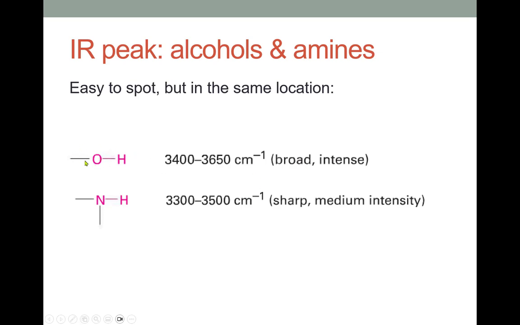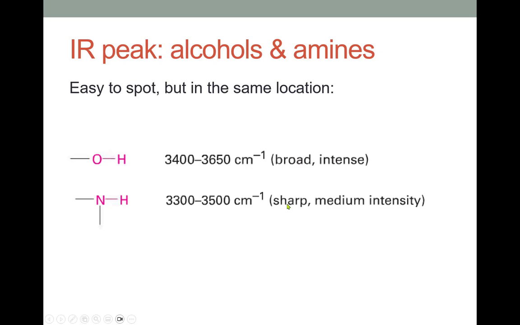Unfortunately, water also has this OH structure and is quite capable of hydrogen bonding. So in a practical sense, if there's any water in your sample, it will show up out here as a pretty obvious peak. And then you'd want to think about drying your sample or considering whether it actually does have an alcohol in it. The NH bonds show up in the same area as well. They tend to be sharper.